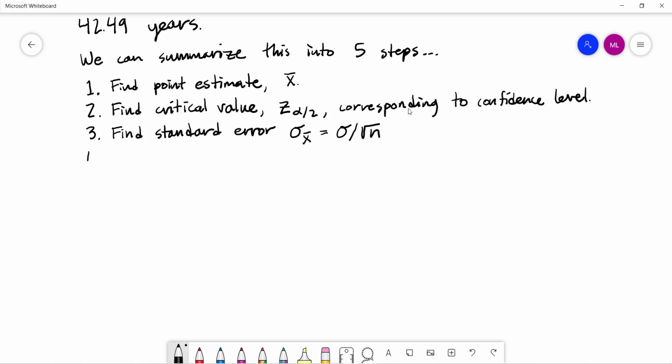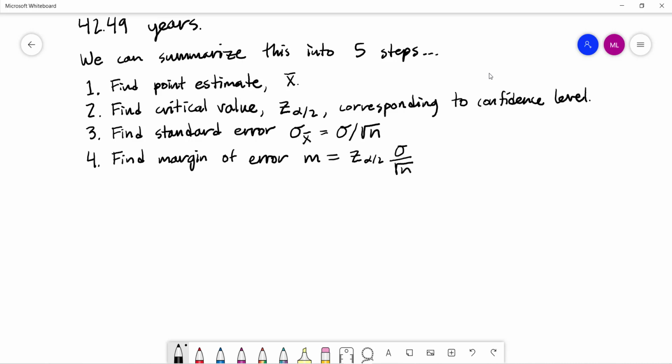The fourth part is where we find the margin of error. Margin of error, which is m, is equal to how many standard deviations times how big is a standard deviation. So it's going to be z sub alpha over 2 times sigma over the square root of n.